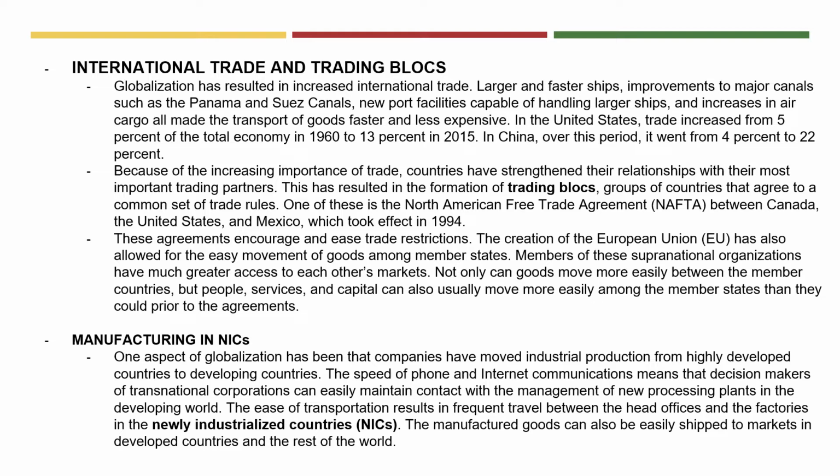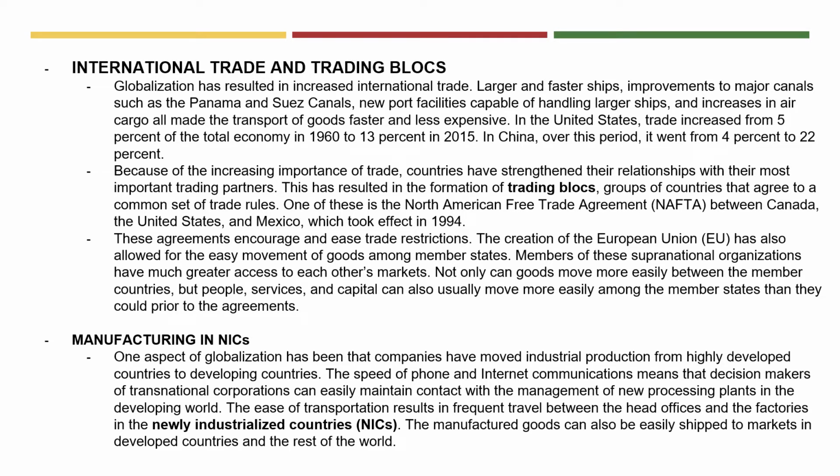Because of the increasing importance of trade, countries have strengthened their relationships with their most important trading partners. This has resulted in the formation of trading blocs, groups of countries that agree to a common set of trade rules. One of these is the North American Free Trade Agreement, NAFTA, between Canada, the United States, and Mexico, which took effect in 1994.